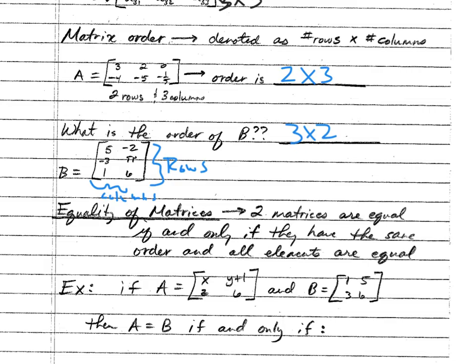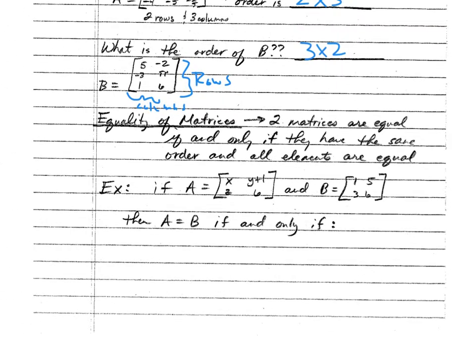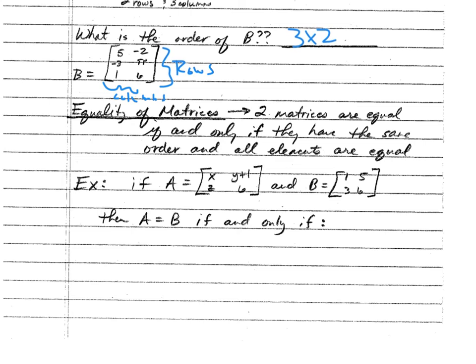All right, equality of matrices. This is very simple. Two matrices are equal if and only if they have the same order and all of the entries are exactly the same. As you see here, we have the matrix A and the matrix B. A is equal to B if and only if all these numbers match up. For example, 6 and 6 are the same.